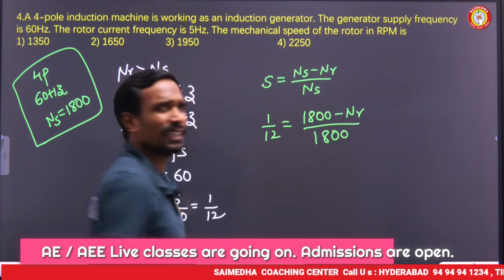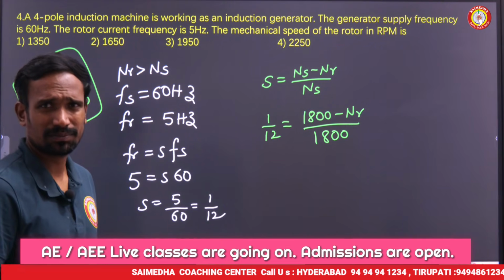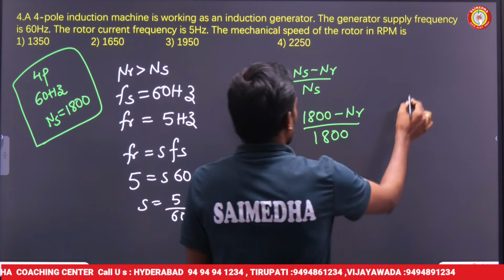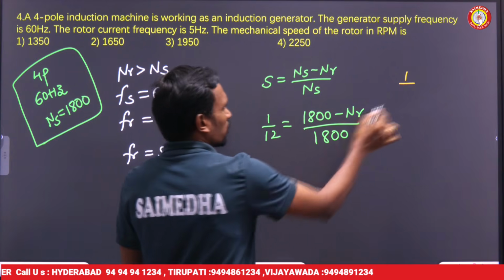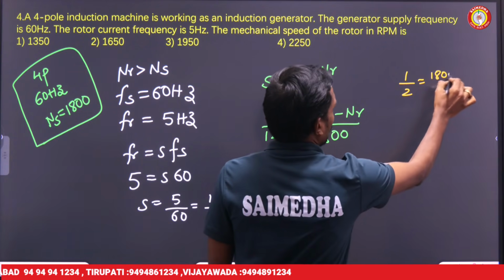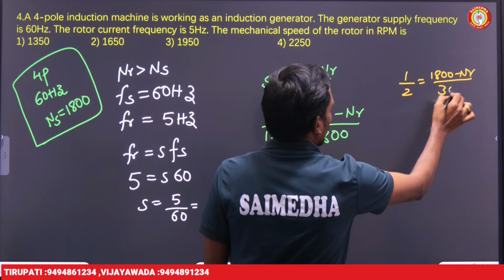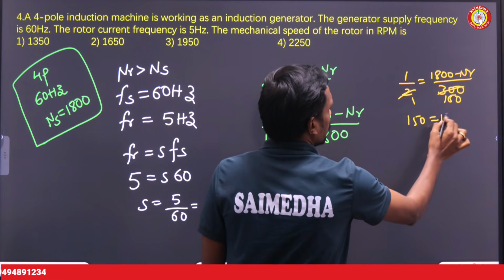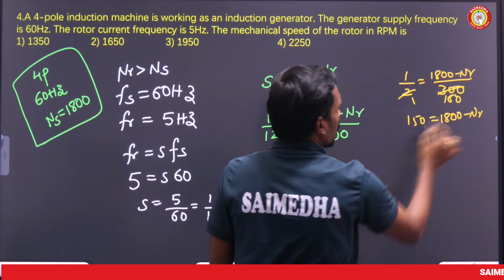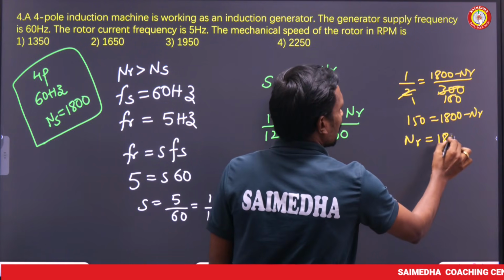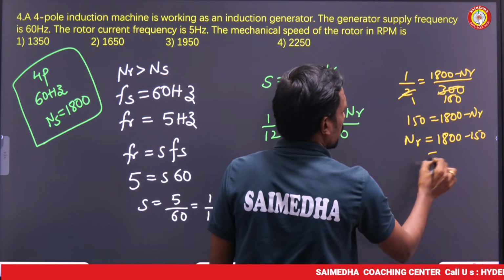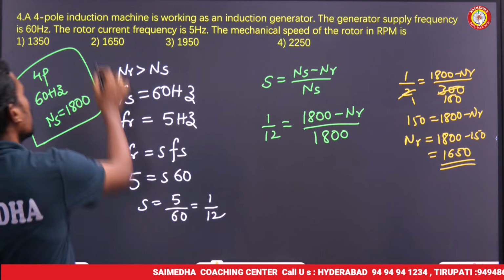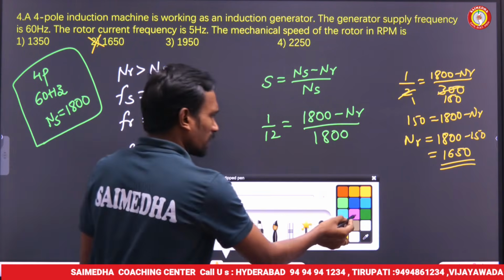If you calculate like this, you will get 1/12 = (1800 - Nr)/1800, so 150 = 1800 - Nr, where Nr = 1800 - 150 = 1650, which is a wrong answer.